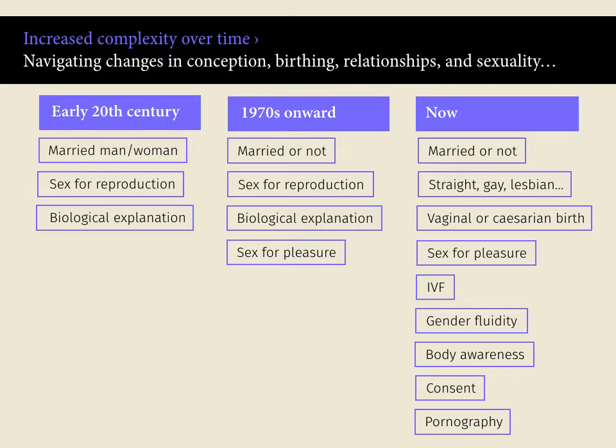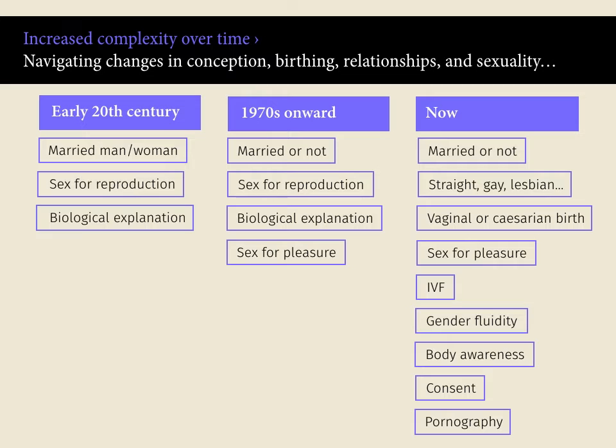Alongside these complexities, designers of sexuality education resources in contemporary society are faced with ever more complex stories of sexuality and reproduction. When sexuality education was first officially introduced as a concept in the late 19th and early 20th century, the story was pretty simple. Sex happened for reproduction only between a married heterosexual couple. Only biological explanations were needed.